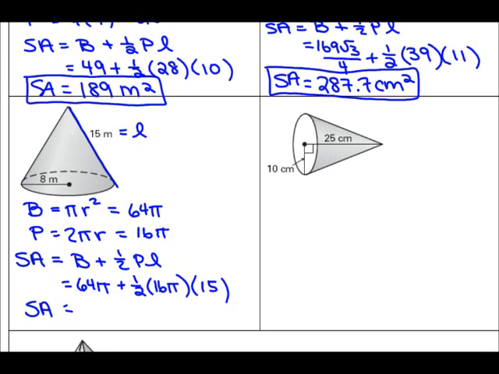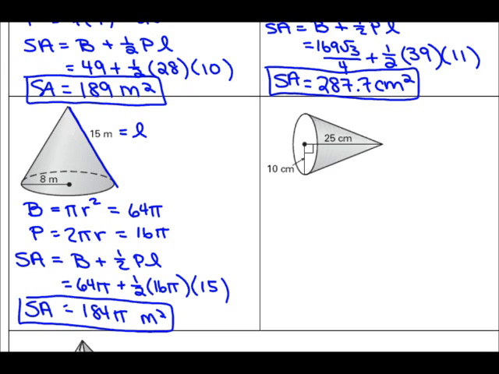So 64 pi plus 1/2 16 pi times 15 would give you a total of 184 pi. And that would be our exact answer. So remember, always do exact. If it asks you for the decimal, then you can do the decimal, but always practice exact.